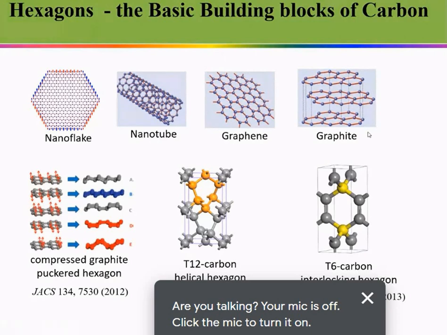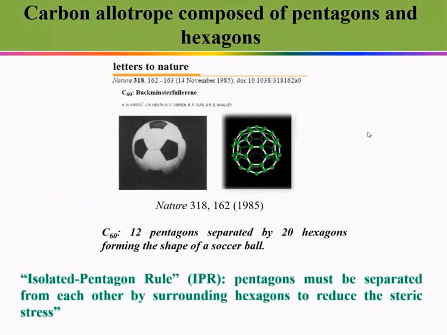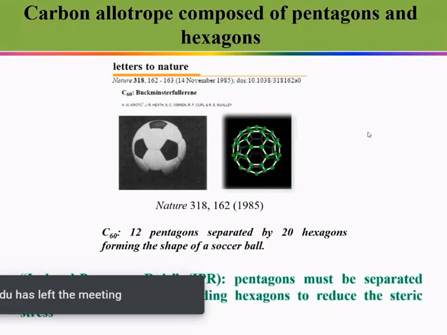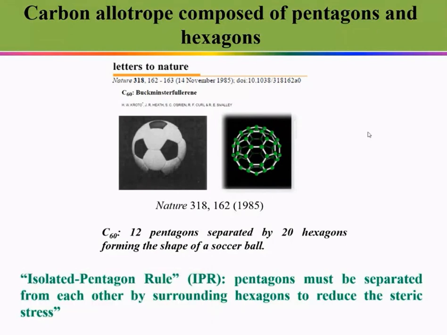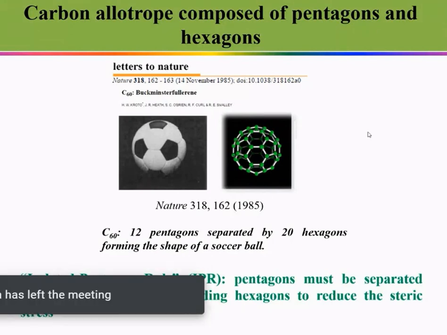As I said, C60 is one of the molecules that has pentagons and hexagons. There are 12 pentagons and 20 hexagons. And each pentagon is separated from each other by a hexagon. That is what's called the isolated pentagon rule. You cannot have 2 pentagons that form nearest neighbors, because it will introduce strain, and strain will cause instability.